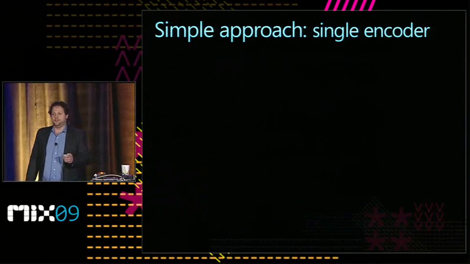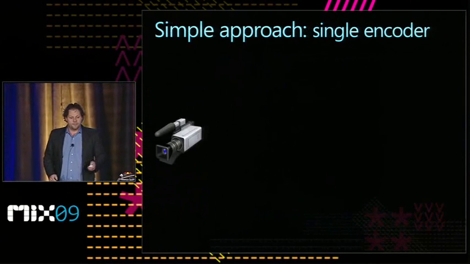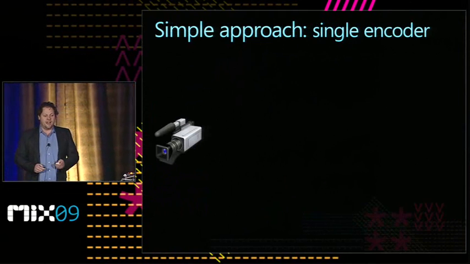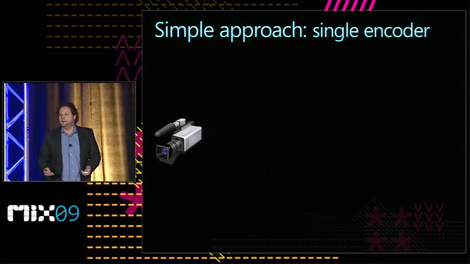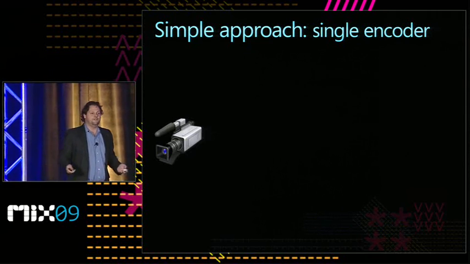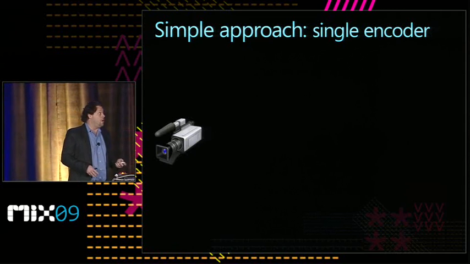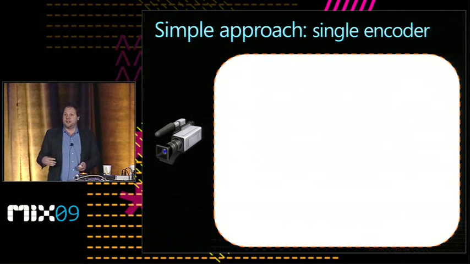We can drill that back down to a much more simplistic approach. If you look at the single encode model, the diagrams I've shown prior to this have been more for an Olympic type setup where you've got lots of different experiences going out there. You're really trying to grow an audience. But smooth streaming is not about just a larger footprint. It can be done in one encoder.